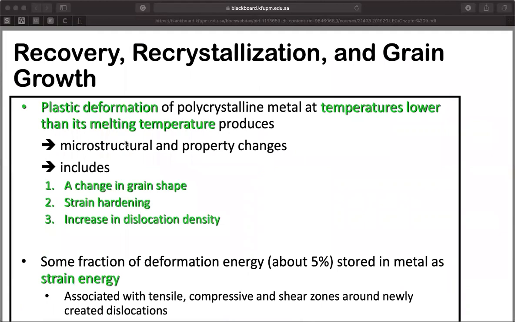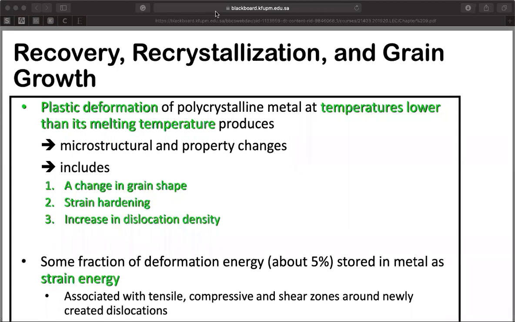We finished the discussion of the strengthening mechanism, and now we are left with a big problem on the table that we have to come up with a solution to. Imagine that in the beginning you only want to change the shape. You want to change the shape of a material.